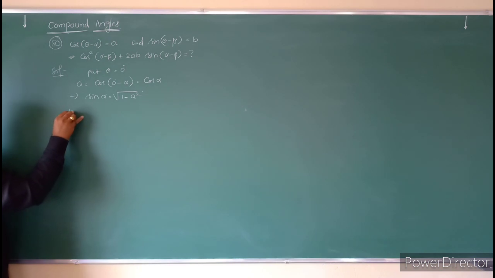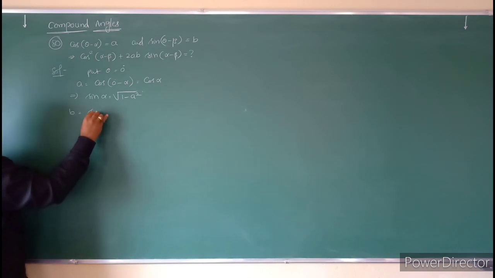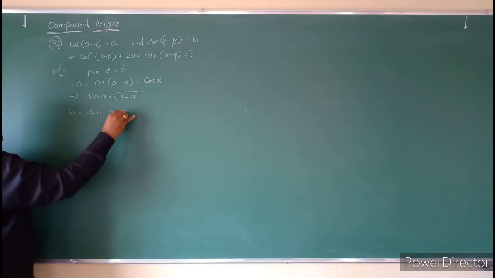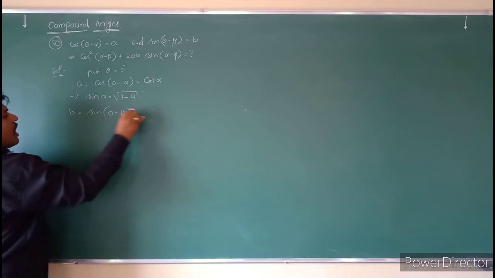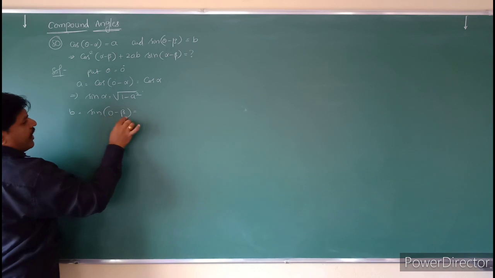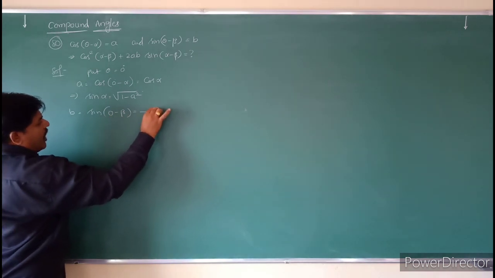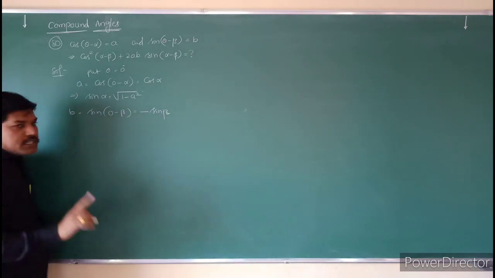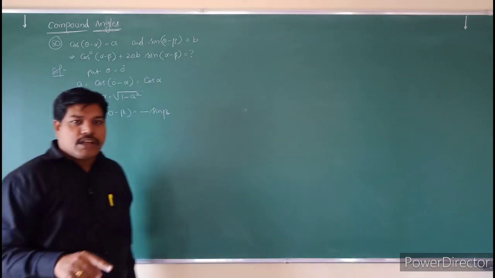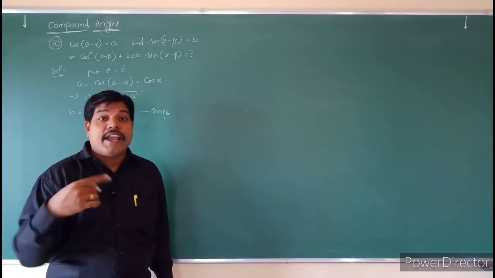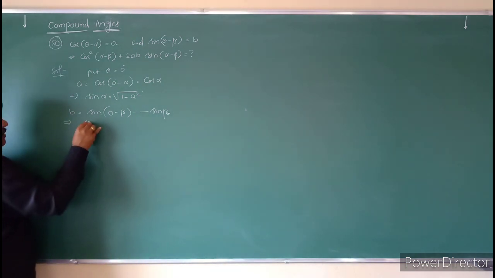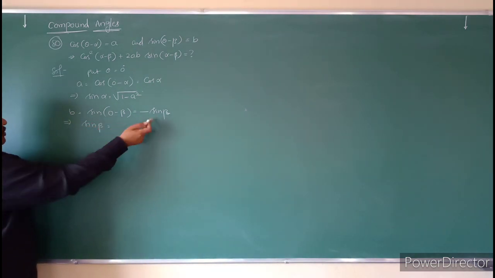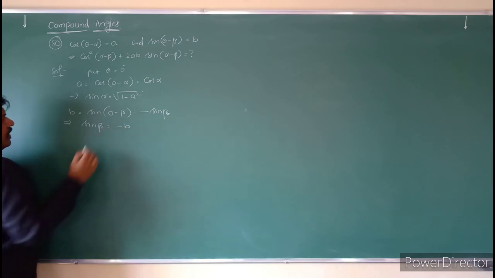Similarly, b is equal to sin of theta minus beta. In the place of theta, I will take 0. So sin of minus beta is nothing but minus sin beta. Cos of minus theta is cos theta, and sin of minus theta is minus sin theta. So that implies sin beta is equal to minus b.